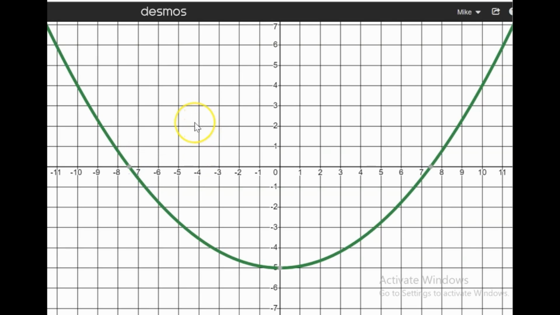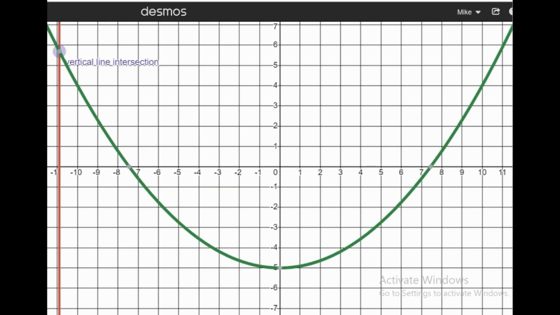When we look at a curve like this, we can identify whether it's a function or not by testing it with a vertical line. If we draw a vertical line and drag it across sideways, and it stays vertical, we're looking to see if this vertical line intersects the green curve at more than one place at a time.